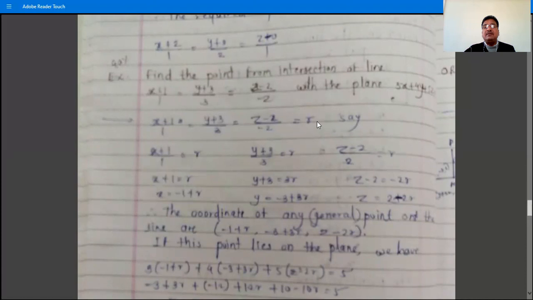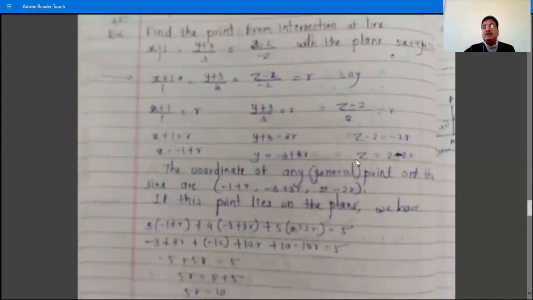Similarly, (y plus 3)/3 is equal to r gives y plus 3 is equal to 3r, so y is equal to minus 3 plus 3r. And (z minus 2)/(minus 2) is equal to r, so z minus 2 is equal to minus 2r. Therefore z is equal to 2 minus 2r, after shifting the 2 to the right side.